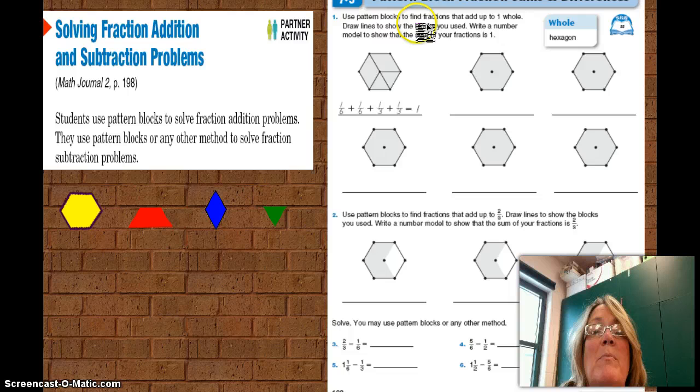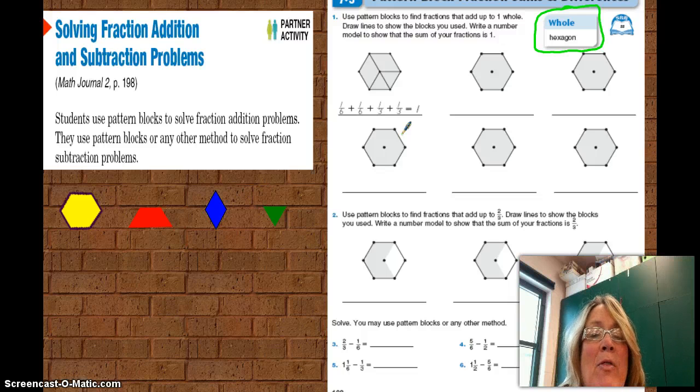Go ahead and use the pattern blocks to find the fractions that add up to your 1 whole. And again, your 1 whole is just your hexagon. This hasn't changed. So draw lines to show the blocks you used. You may actually use your pattern blocks, lay them on there, and then label them. So what this is showing here in this first one is we know the triangles equal 1/6.